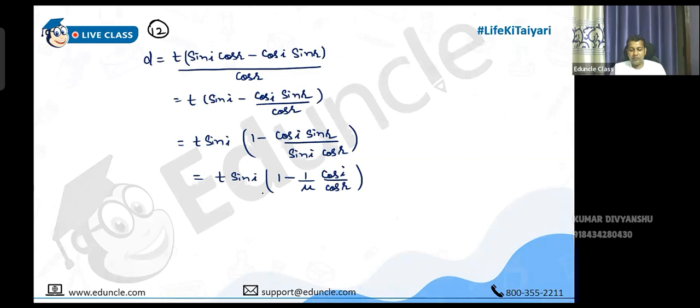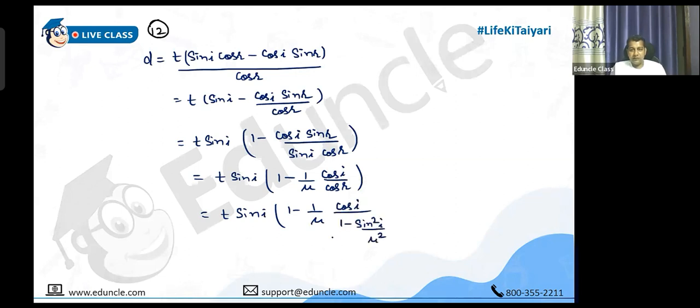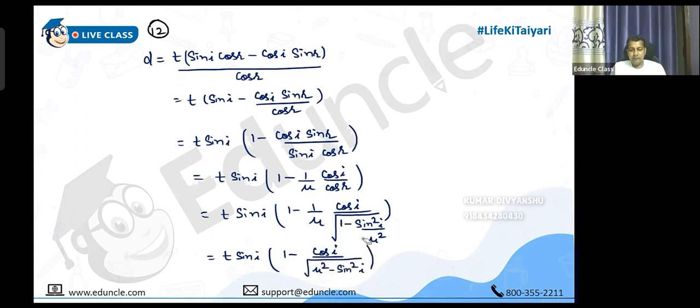And we are left with cos I by cos R. Actually, I'm trying to get rid of that R. Now cos R is this. If I take the LCM, it will be like this. So this is the formula that you can use in this particular question, because you know T, you know I, and you know D. So then you can get mu. And this is also important. This can also be directly asked in the exam. So now you can go ahead with this formula to get mu. And similarly, in some other question, you may be given R only, and then you can get rid of I, and you can get everything in terms of R.